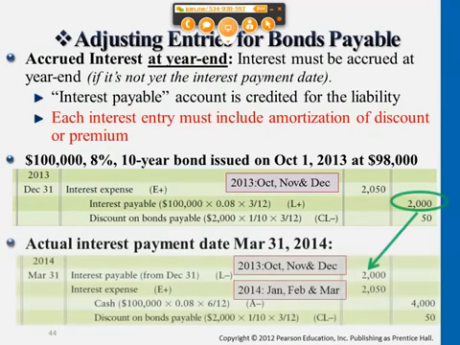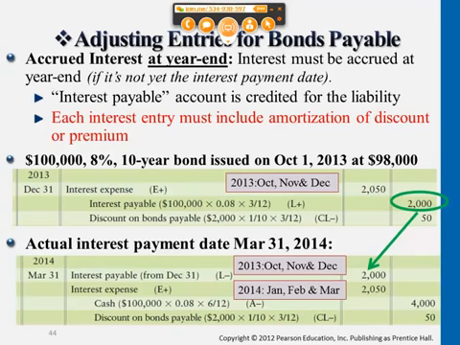So when it reaches March 31st, that interest payable $2,000 will be reduced, and we're also paying an additional 3 months of interest for January, February, and March. Altogether, 6 months of interest we're paying on the pay date, March 31st.